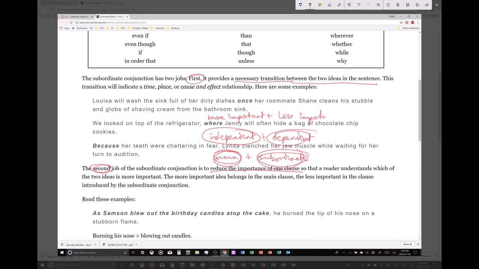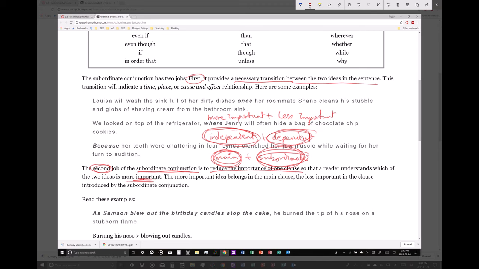So the subordinate conjunction makes this dependent clause, the subordinate clause, less important in the sentence, and emphasizes that the independent clause, the main clause, is more important. See that?